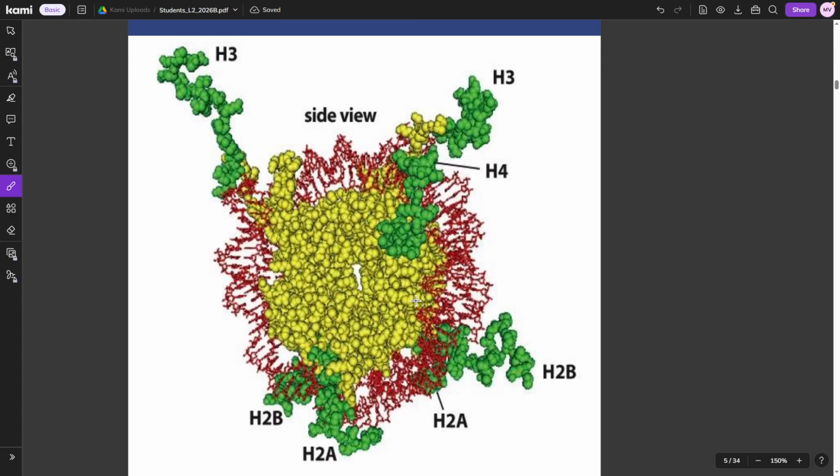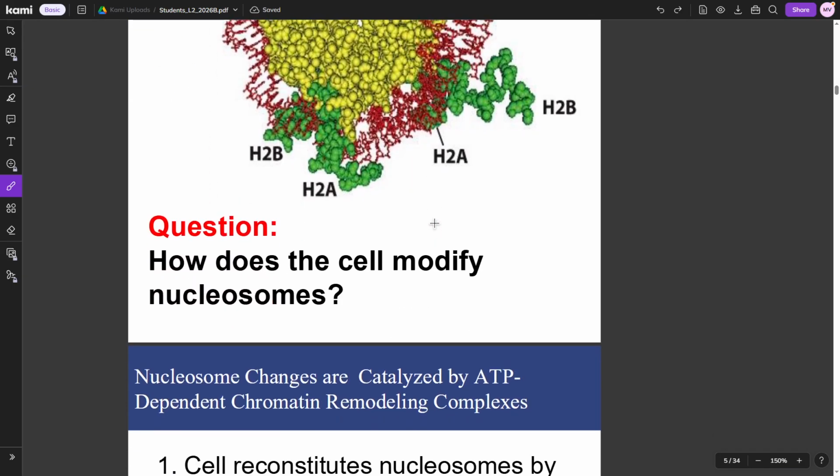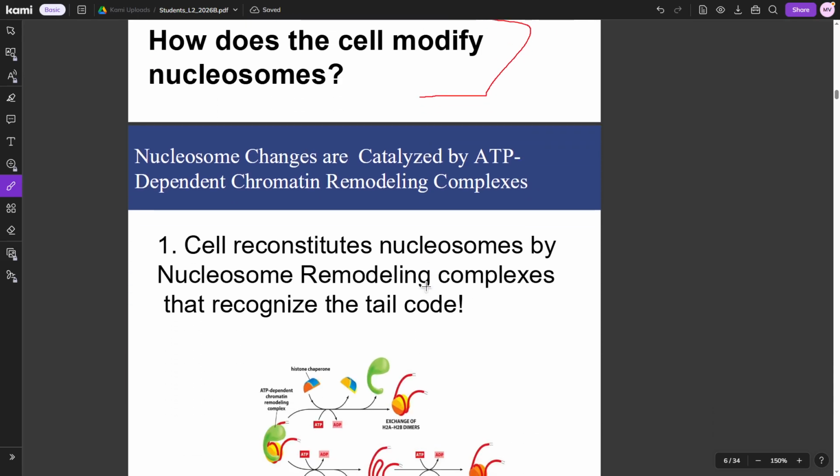We already talked about the nucleosome. Remember, it's made up of 8 histone cores. I can't draw all of them here because they're underneath, and each of them has a tail, right? And then there's also an H1 that holds things together. So how does the cell modify nucleosomes? We talked about this. There are all sorts of different enzymes: erasers, readers, and writers.